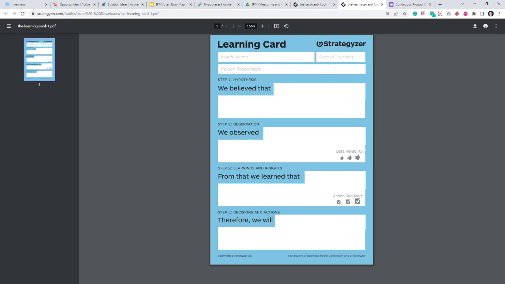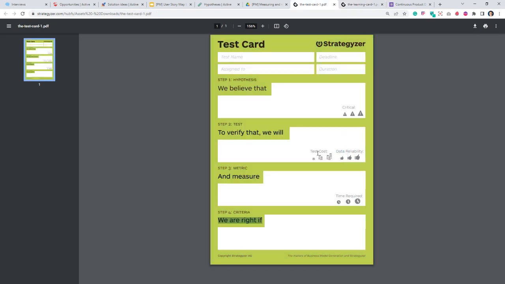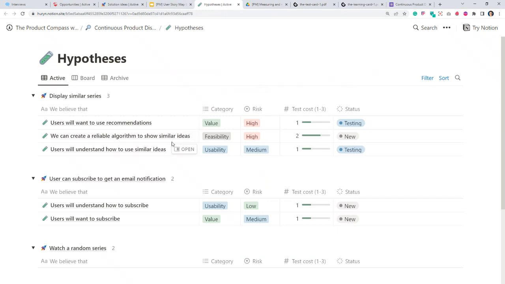And as you can see, in Strategizer there are additional properties like action required, how reliable the data is, what is the cost of the test, and how much time is required to run an experiment. And I have combined those properties in the hypothesis repository.